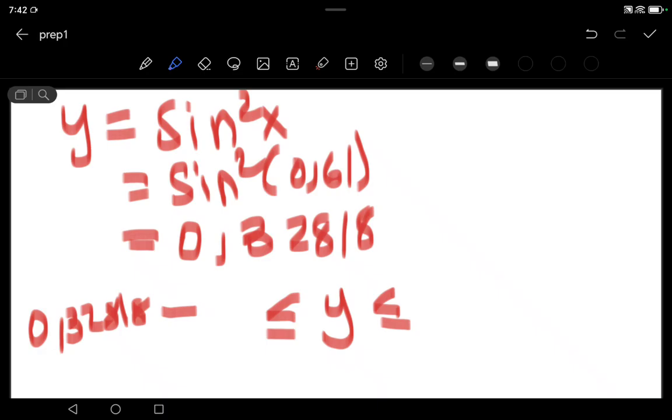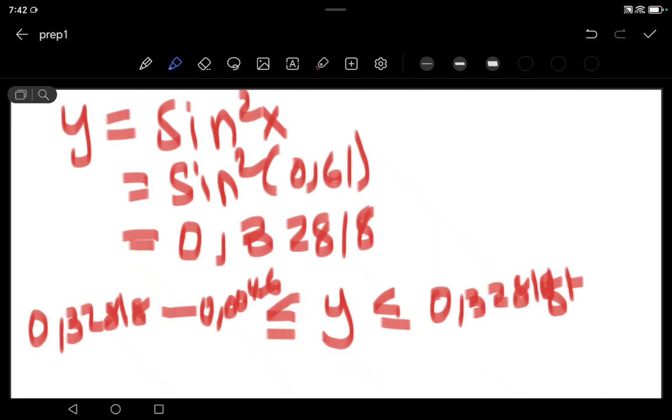To get the interval, we're going to say 0.32818 minus 0.0046. And then on our right hand side, it's going to be 0.32818 plus 0.0046. And this is what we call intervals.